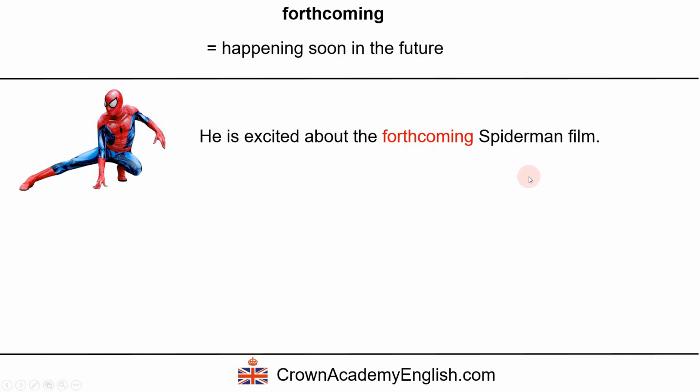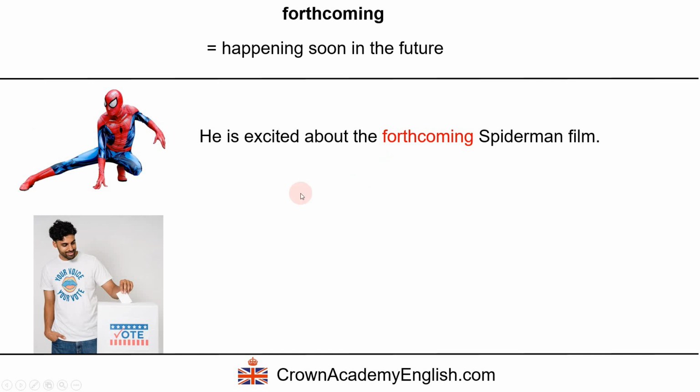Okay, so there's a film very soon, and he's excited about it. Who will win the forthcoming election? Okay, who will win the forthcoming election? So forthcoming election means the election that will happen soon, very soon. Okay?